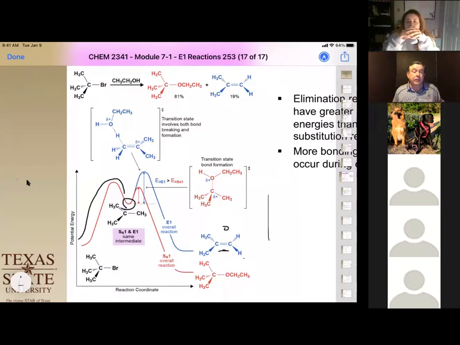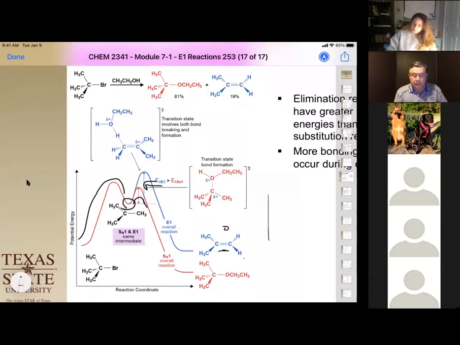The only difference is the activation energy for the substitution is lower than the activation energy for the elimination. The reason the activation energy for the substitution is a lower energy barrier is that the methanol is not a strong base. If it was a strong base, this would be the smaller activation energy, and it would be down below here and favor the elimination product.